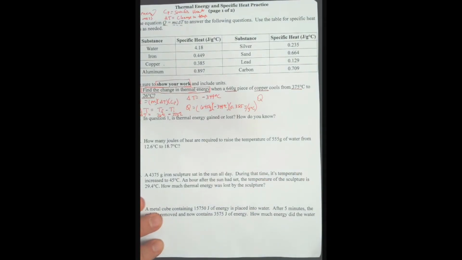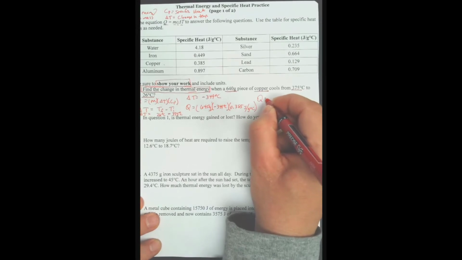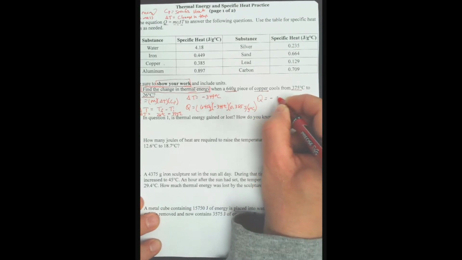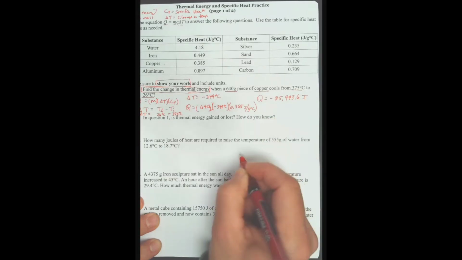640 times negative 349 times 0.385 equals, so my energy, my Q equals negative 85,993.6 joules.